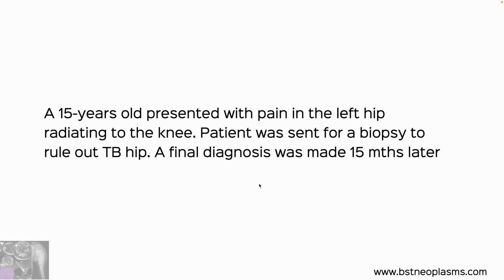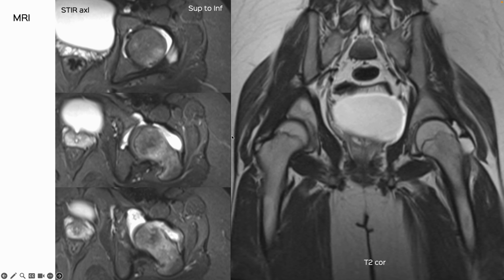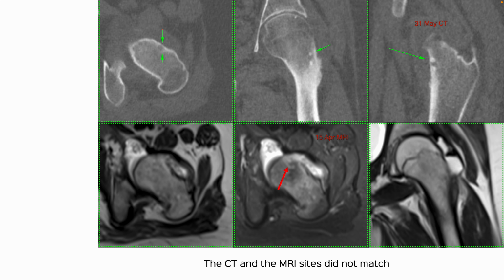Now, this is a 15-year-old with pain in the left hip, suspected to have TB hip. X-ray showed reduction in joint space, was sent to me for a synovial biopsy slash aspiration, and I saw this marrow edema on the MR, but it wasn't on both sides. So this patient doesn't have an arthropathy for sure. There was some CT done, and I thought there was an osteolytic lesion.